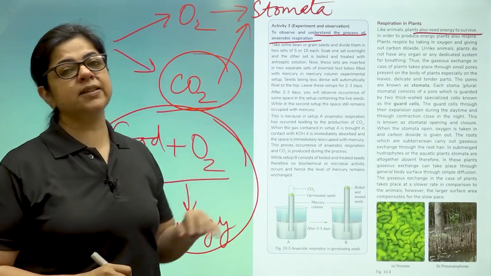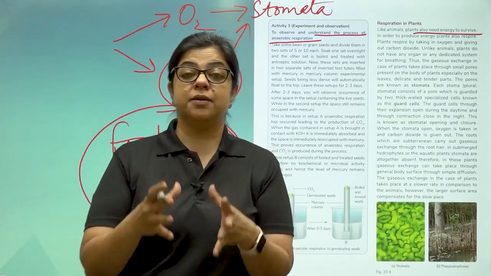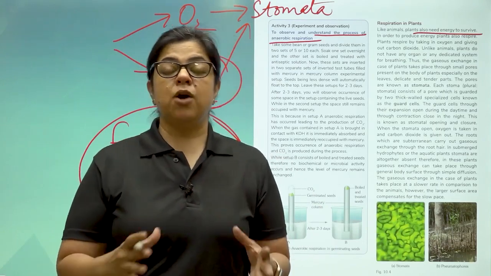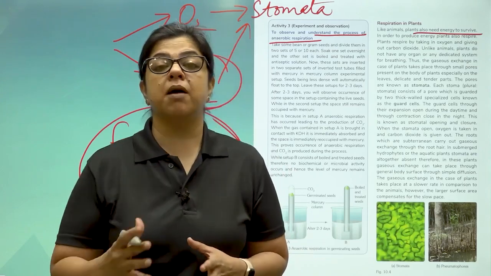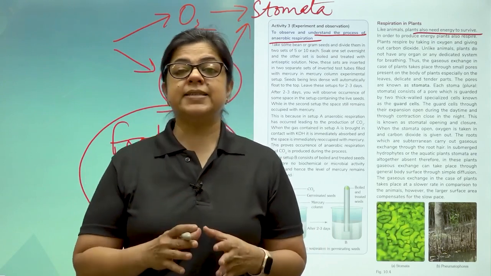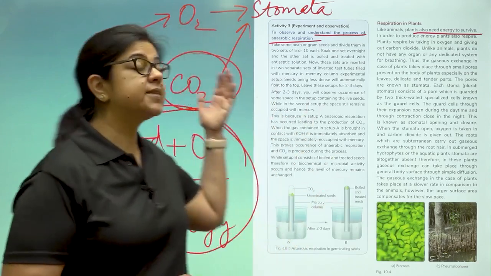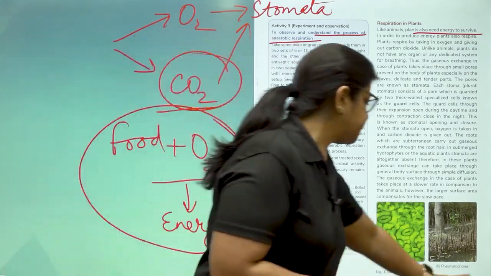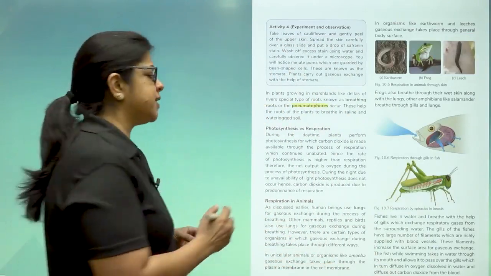Now, an interesting thing to understand here is that the number of leaves in the plants is so many that the amount of oxygen produced is much more than the amount of carbon dioxide produced. That is how the respiration waste product, carbon dioxide, in plants is masked. Now, children, photosynthesis versus respiration.